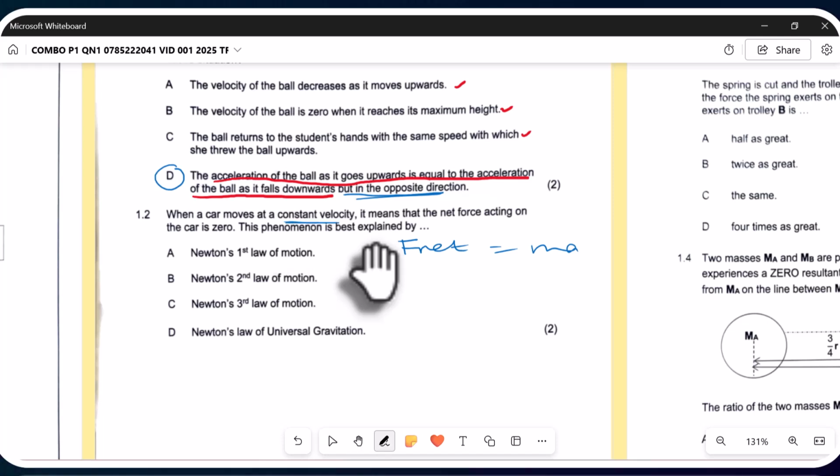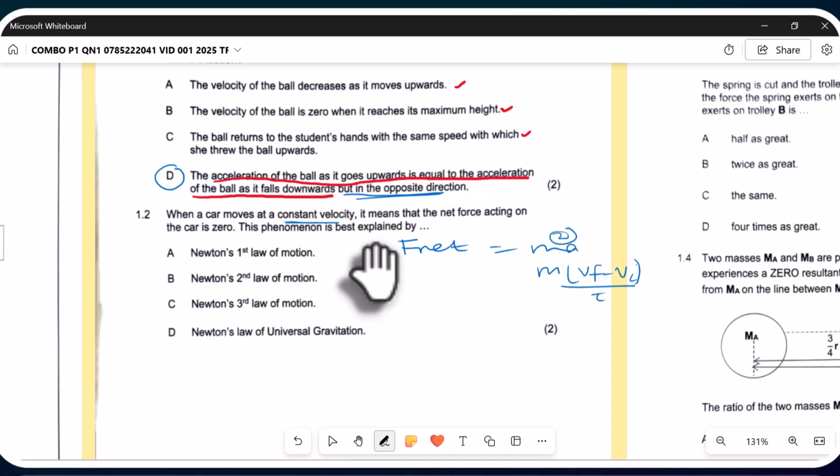So v final minus v initial, if they're the same, that's constant velocity, which gives us 0, the acceleration. So we're going to get 0 times m, which gives us 0, and so the net force equals 0. In that particular case, this is Newton's second law of motion, and because of that, our best answer is going to be Newton's second law of motion.